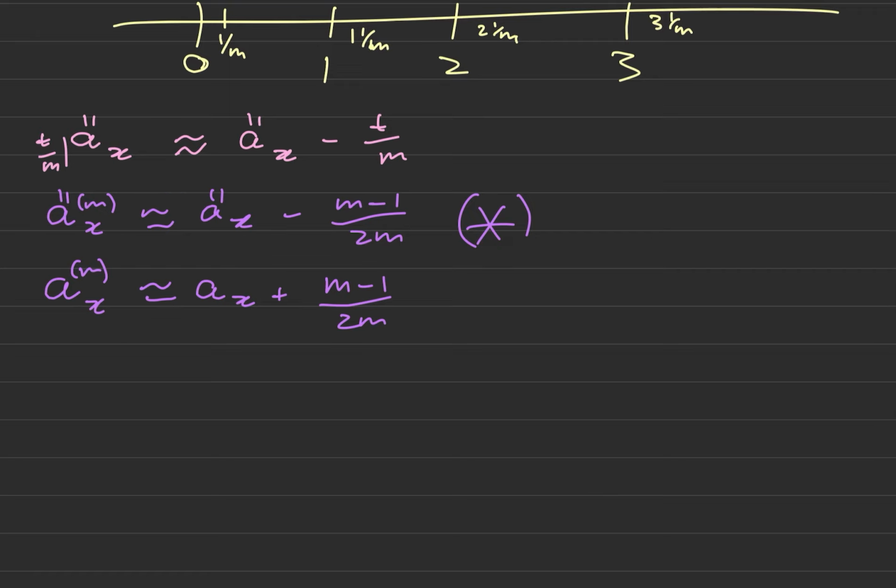Here, in any given year, I have a unit payment occurring at the start of the year, so no discounting in that particular year. Here, I'm still having a unit payment, except it's split up into m payments of size 1 over m. And so some of those payments will be discounted by time and probability.